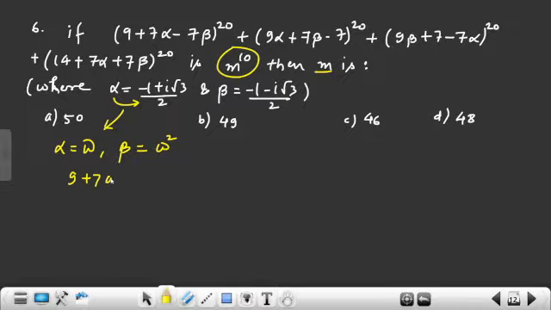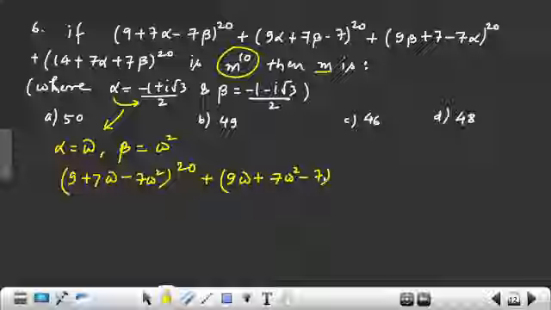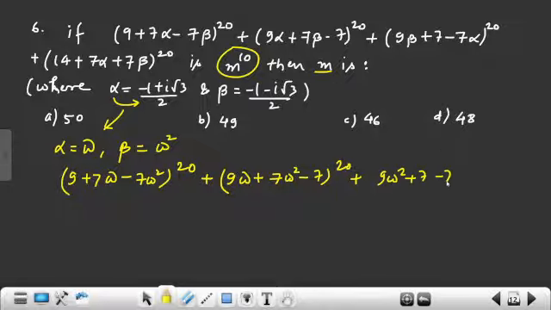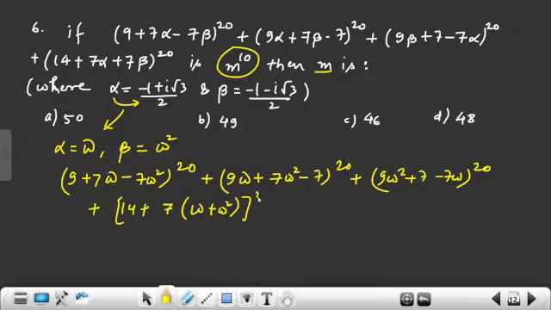(9 plus 7 omega minus 7 omega square) power 20, plus (9 omega plus 7 omega square minus 7) power 20, plus (9 omega square plus 7 minus 7 omega) power 20, plus 14 plus, now let's take 7 common, so it is (omega plus omega square) and whole power 20, right? First step.